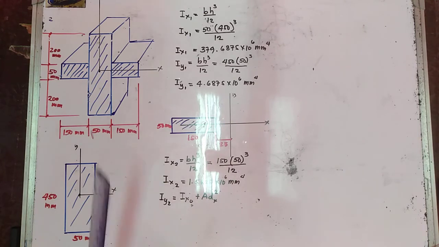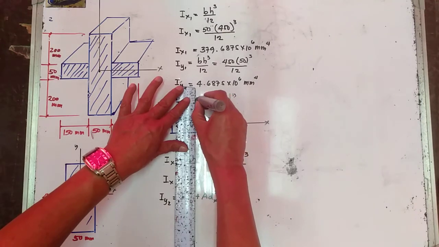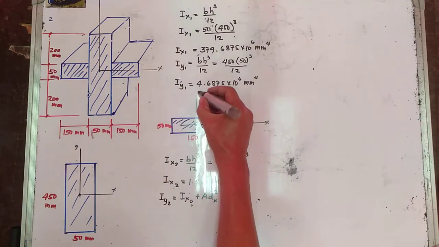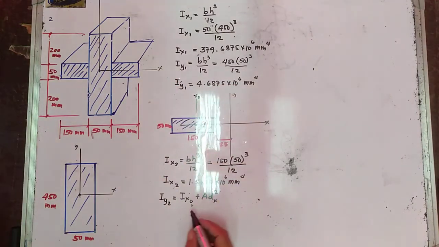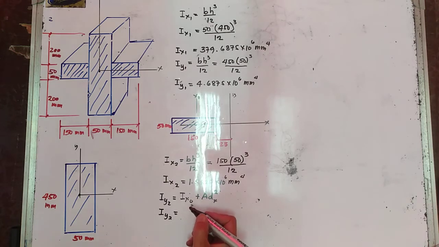The moment of inertia Ixo with respect to the centroid of this area is bh cubed over 12.